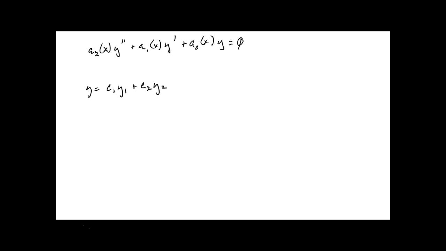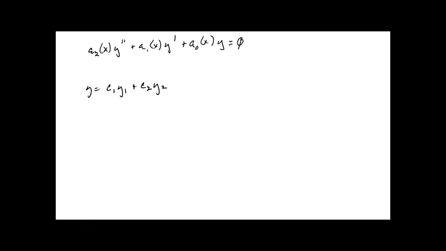Suppose y1 denotes a non-trivial solution of that original differential equation. We seek a second solution, y2, so that the set consisting of y1 and y2 is linearly independent on the interval I. If they're linearly independent, then their quotient, y2 over y1, is non-constant.